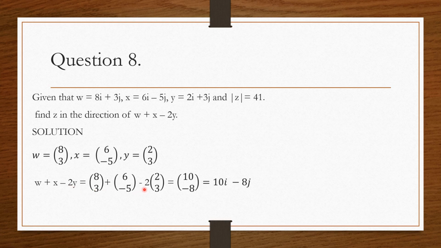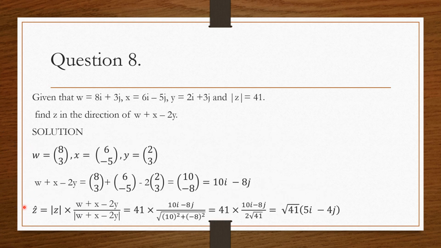So I'm going to have minus 2 multiplying y, which is 2i plus 3j. Okay, so if I do the arithmetic, 8 plus 6 minus 2 times 2, that will give me 10. 3 plus minus 5 minus 2 times 3 will give me minus 8, and that is what we have here, 10i minus 8j.